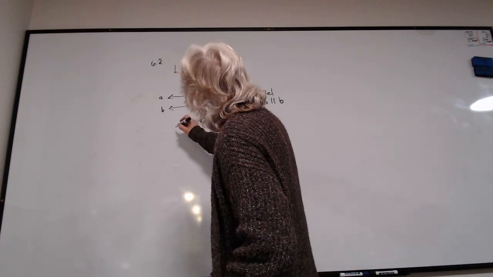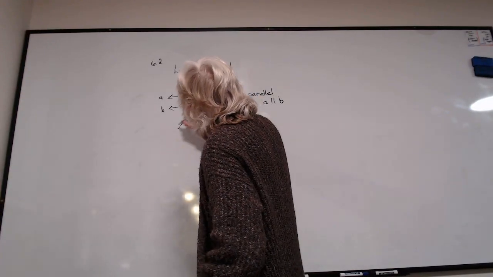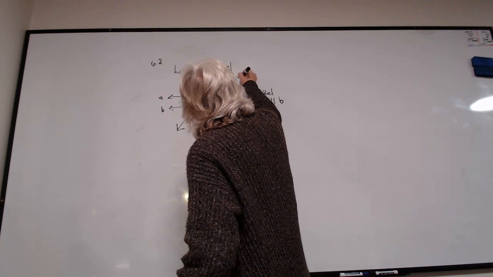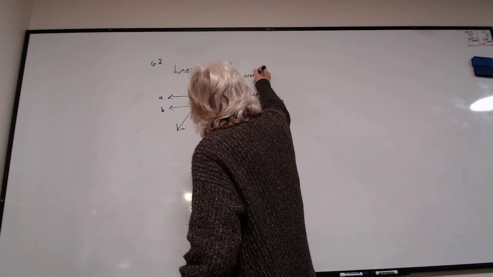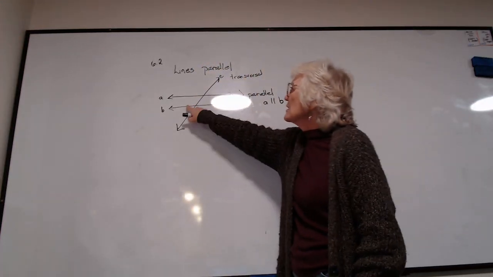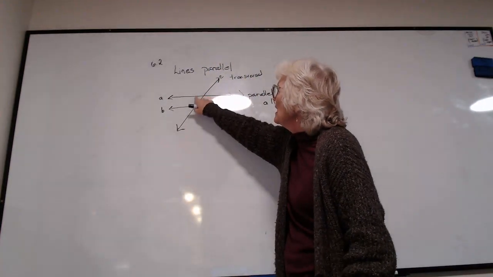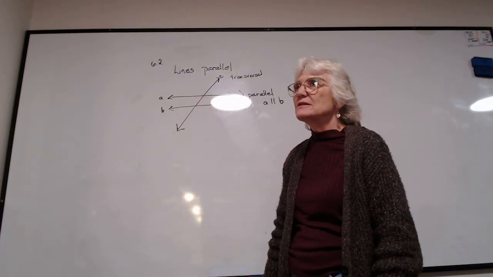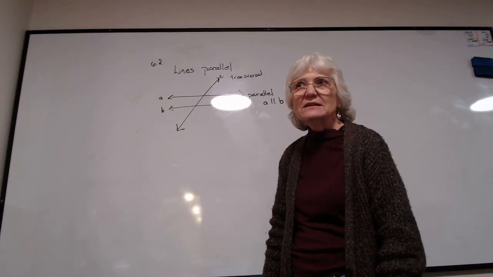Okay, so here I'm going to cut it. That line I'm going to call C. That's my transversal. When I cut it, let's look: 1, 2, 3, 4, 5, 6, 7, 8 angles appear. You guys see all 8?